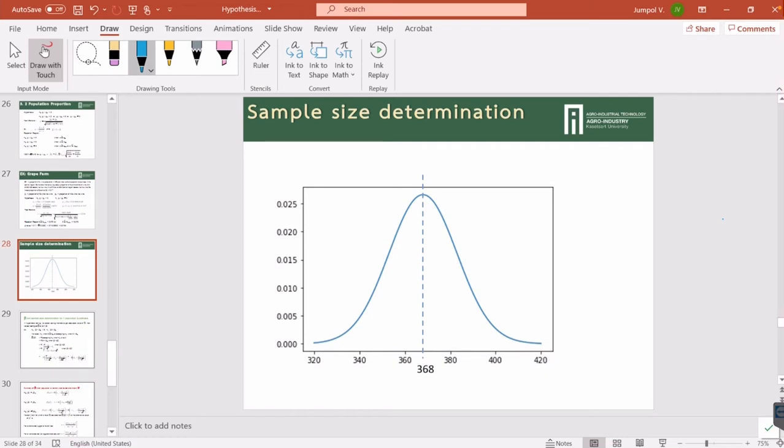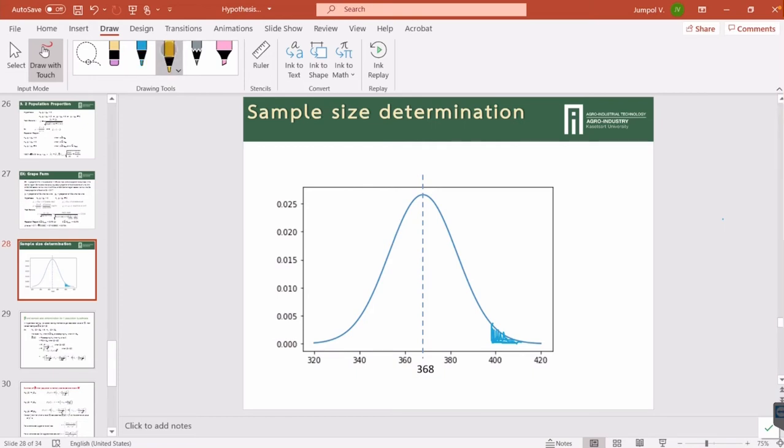If the mean is 368, we can assign the critical value here to decide whether the sample has the mean around 368 or not.